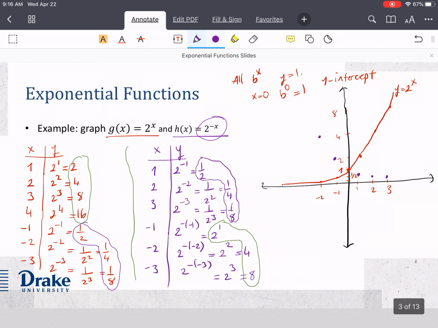When you're at negative 3, you're at 8. So then what you realize here is that we have to pass through 1 as well, because when x is 0 for this function, you're also getting 1. So you have to pass through 1. So you realize the graph actually looks like this. So that's how y equals 2 to the negative x looks.